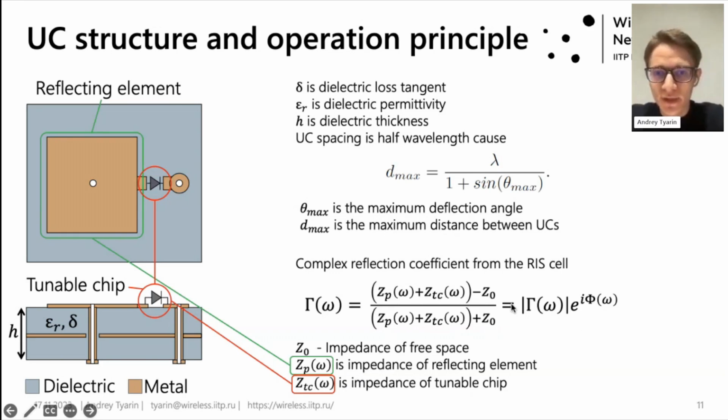And input impedance consists of impedances of the reflecting element and the tunable chip. Also, when the input impedance value is set almost equal to the free space impedance, the reflection coefficient approaches zero, which helps to realize absorption.